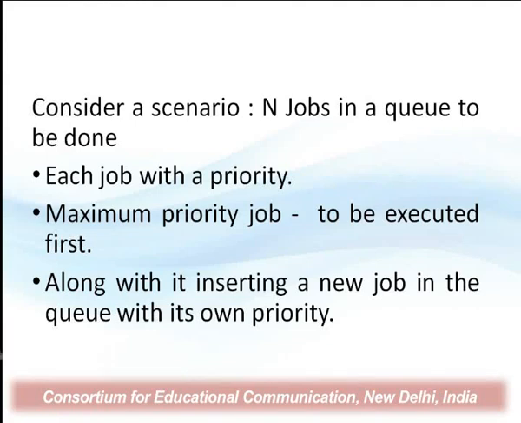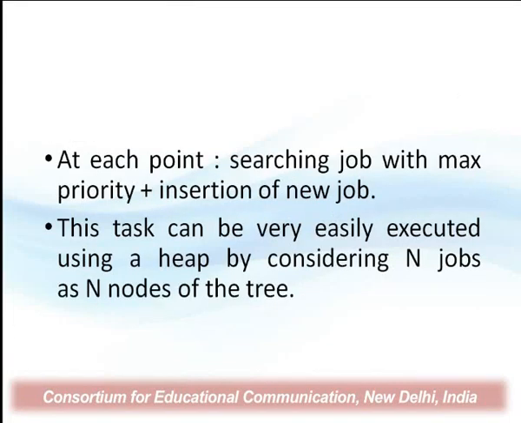So the maximum priority job is executed first, and along with that execution, at each point of time we need to take care of insertion of a new job into the queue, and that job also has its own priority, obviously, because that is a priority queue of jobs. At each point we need to search for the job with maximum priority and handle the insertion of a new job also. For this task we can take the help of the data structure heap.